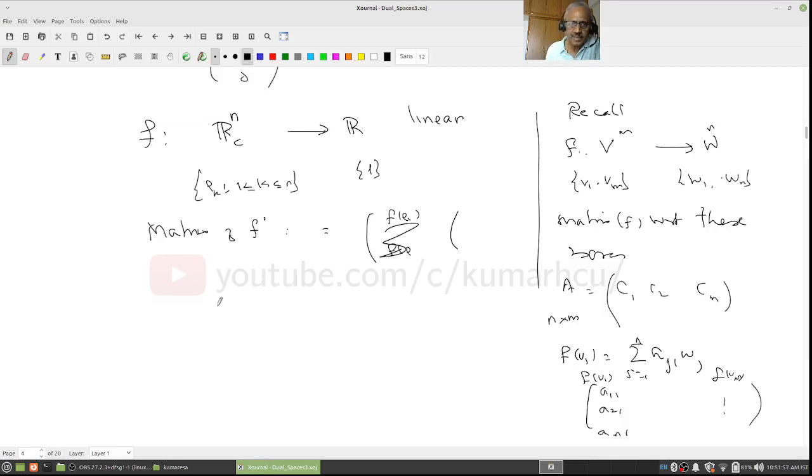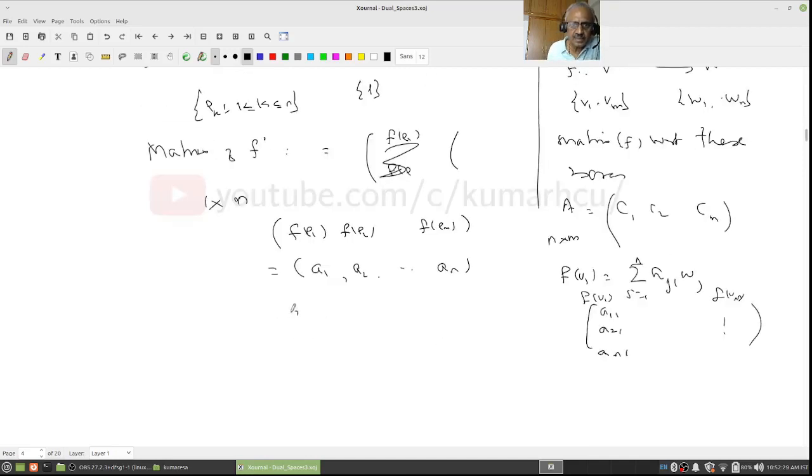That's how we write. Now, when the codomain is R, the matrix A must be of type 1 cross n. The first column is f of e1. f of e1 is a number, therefore it's f of e1. And the second column is f of e2. That's a number, and this is f of en. If you want to call it a1, a2, an, this is okay.